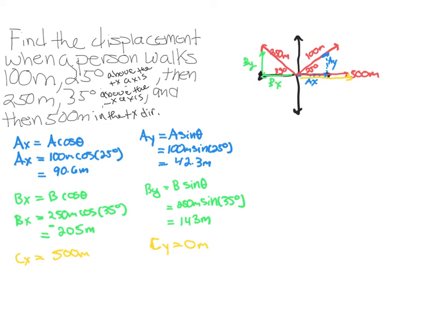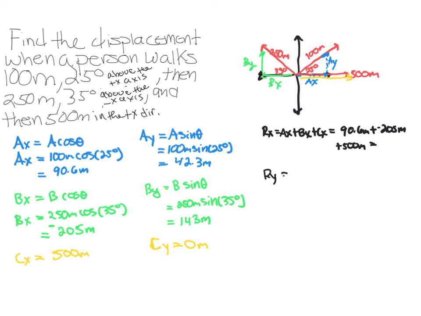All right, so our next step here is we're going to add all of our x terms together. So we're going to go 90.6 meters plus negative 205 meters plus 500 meters. All right, and I'll pull my calculator out in a second.